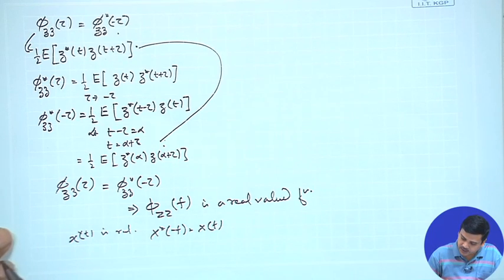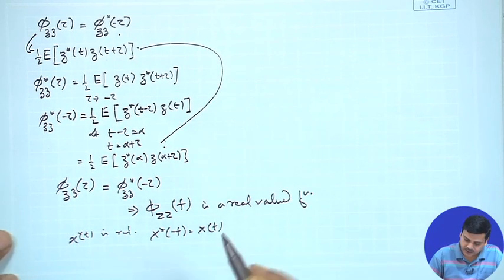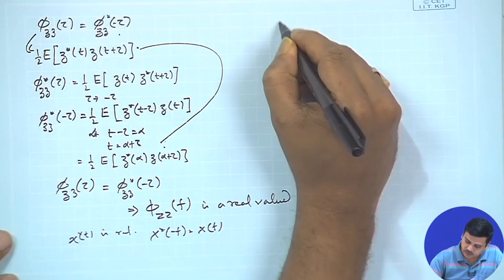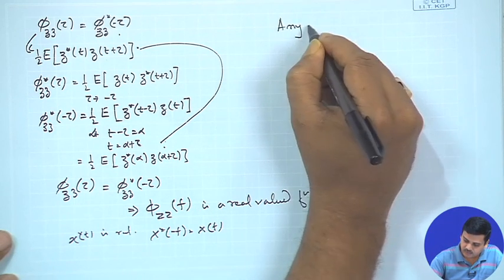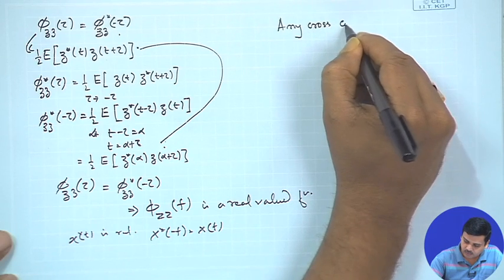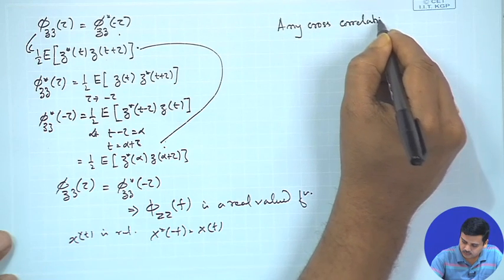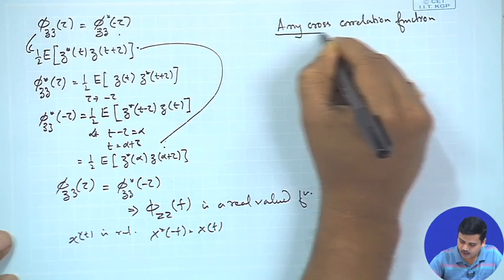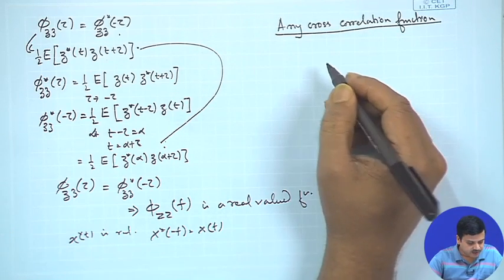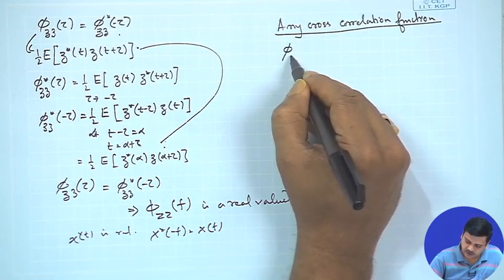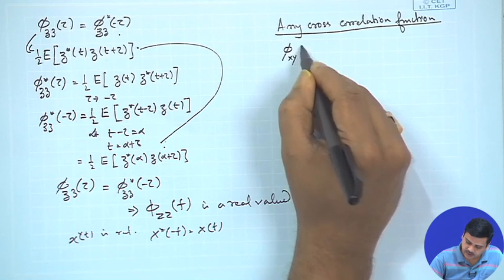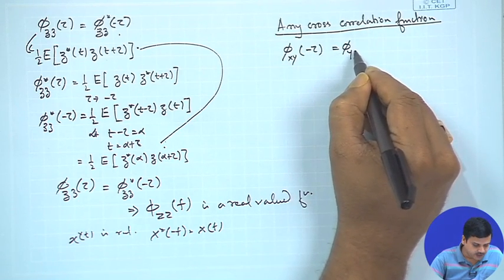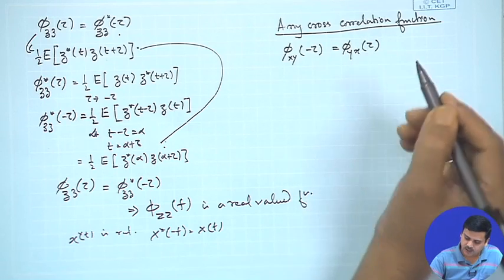So now another small activity that we need here is any cross correlation function would satisfy the relationship that phi x y of minus tau is equal to phi y x of tau.